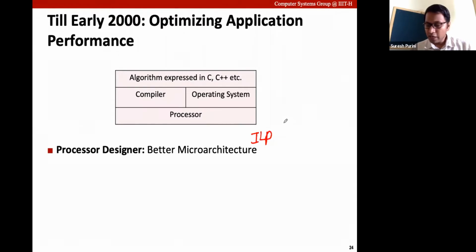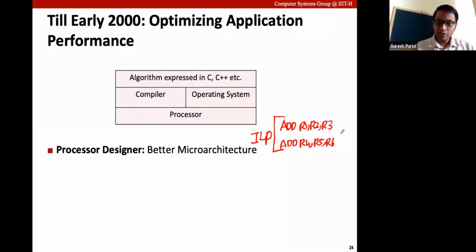What instruction level parallelism means is, if there are two instructions, for example, one instruction is add R1, R2, R3. The other instruction is another add instruction, let's say add R4, R5, and R6.